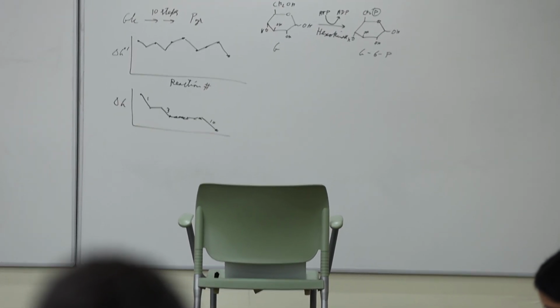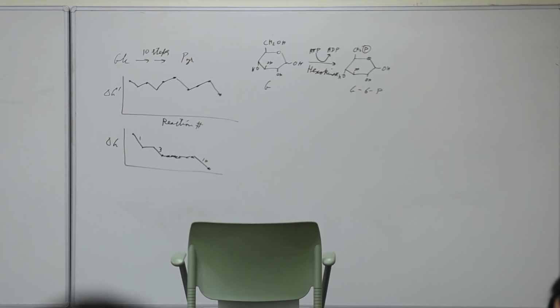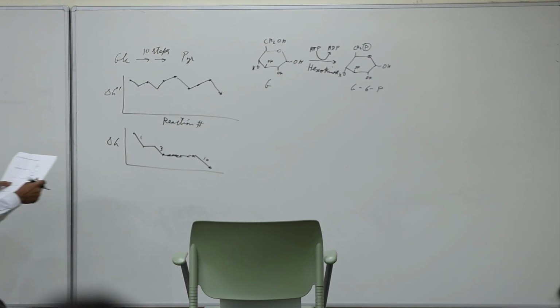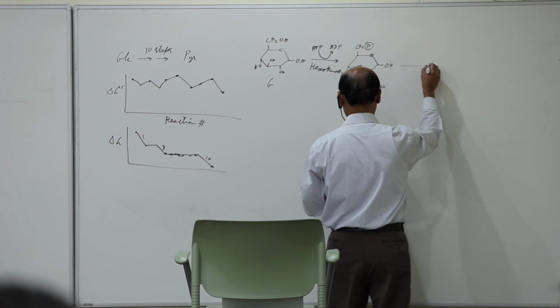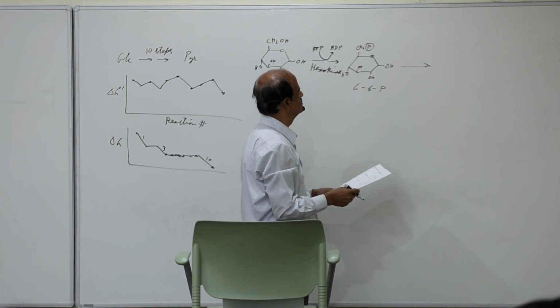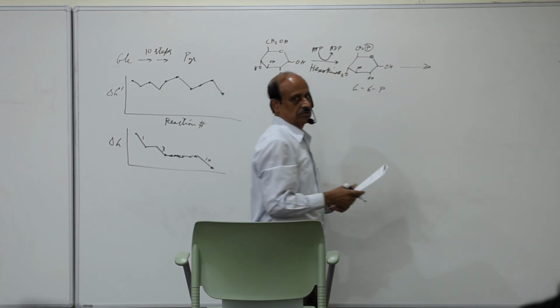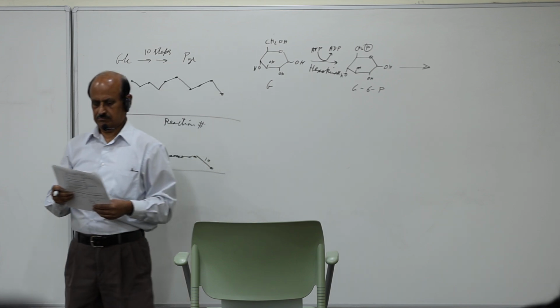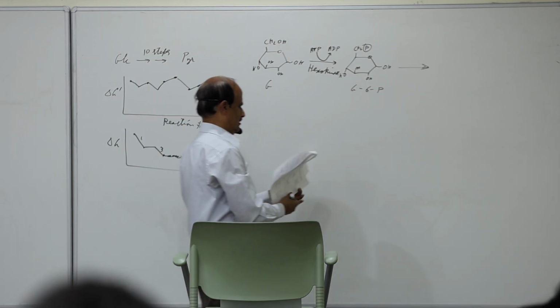Alright, so in the second step of this glycolysis reaction, you put another phosphate, and this is converted to fructose.